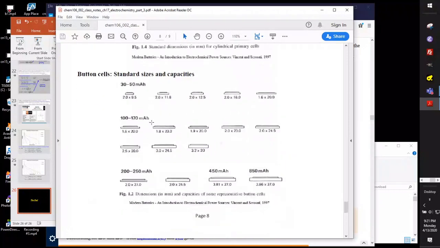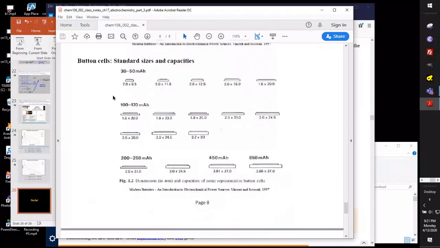And button cells, as you probably know, have all different kinds of sizes depending on their capacity. Like the smallest capacities, for a watch, might be only 2 millimeters thick by about 10 millimeters across. And these are all circular, so the dimensions are height by diameter.